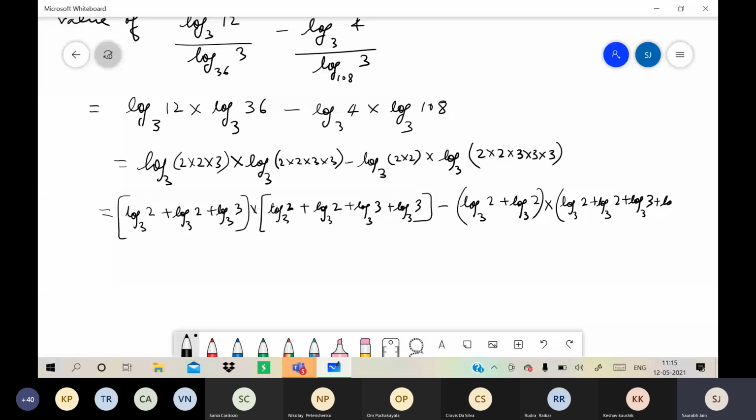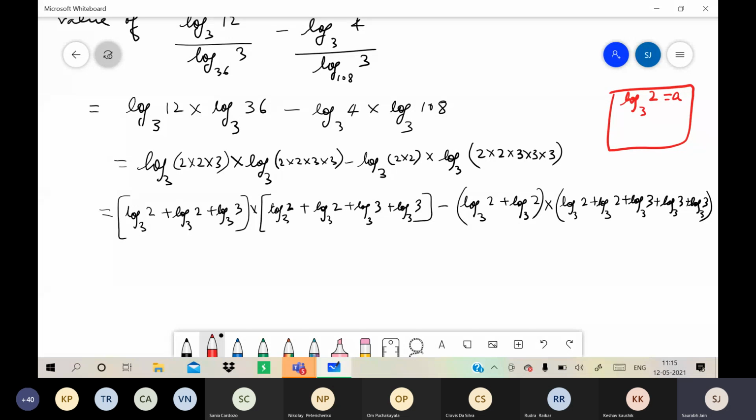Now what you observe is that in the whole question you only have two types of terms. Either you have log 2 base 3 or you have log 3 base 3. Now let us do one thing. Let us write log 2 base 3 as a for some time, just for simplification purposes.